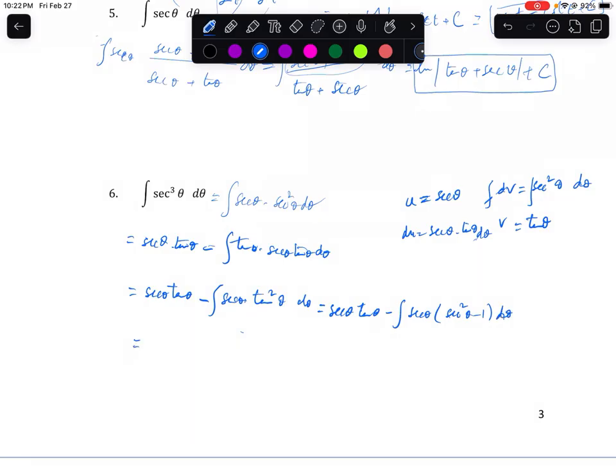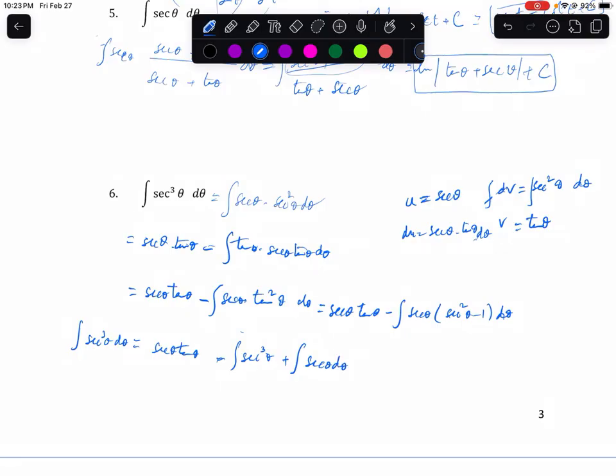Now remember, on the left side is secant cube theta, which is what we are expanding. So we end up getting this equal to secant theta tangent theta minus the integral of secant cube theta. Now, if I distribute the integral sign, it will become plus the integral of secant theta d theta.